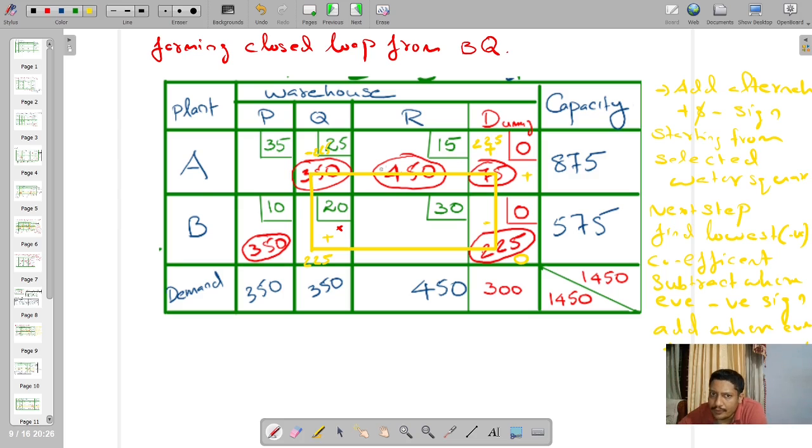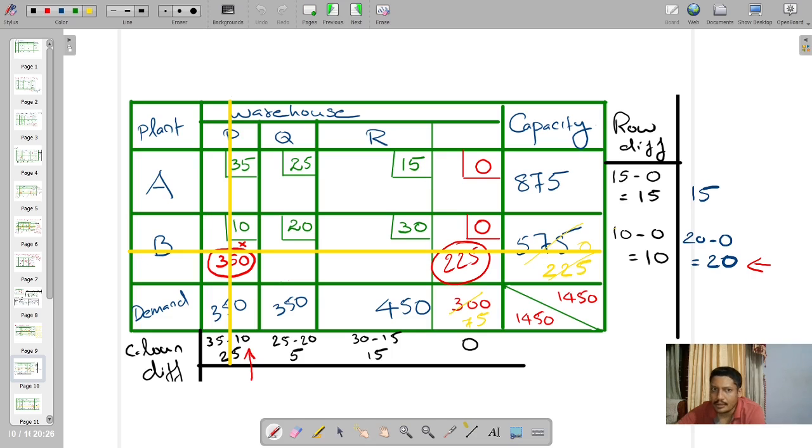And this 450, here I am only passing the loop, this is not any junction point. Since it is not a junction, please don't change the assignment or add any signs here. You are just passing through it, so leave it as it is. Wherever it forms a junction, only at that point you need to add plus and minus. So you will get a new solution.